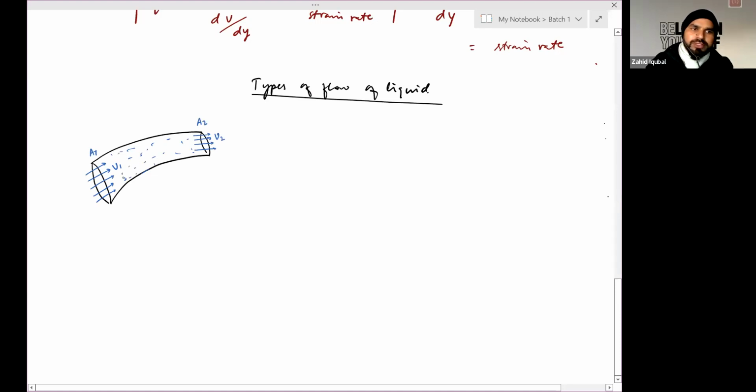This will be possible only if there is no viscous force acting between the layers of liquid. So this type of flow is called streamline or ideal flow.